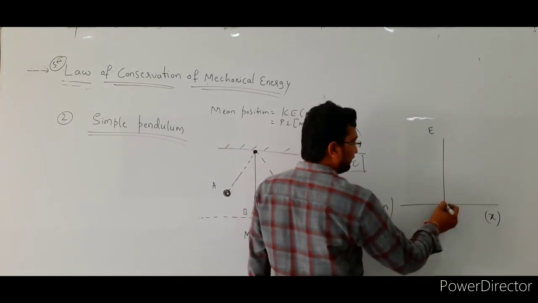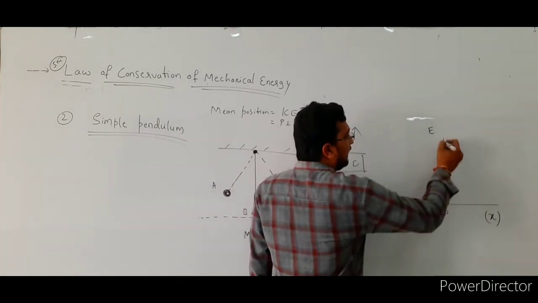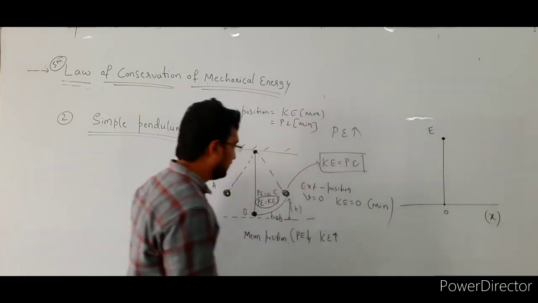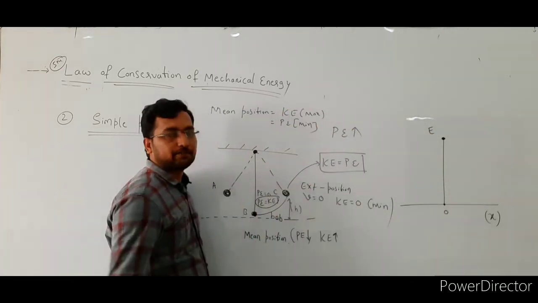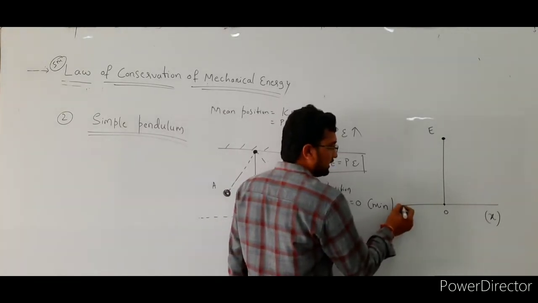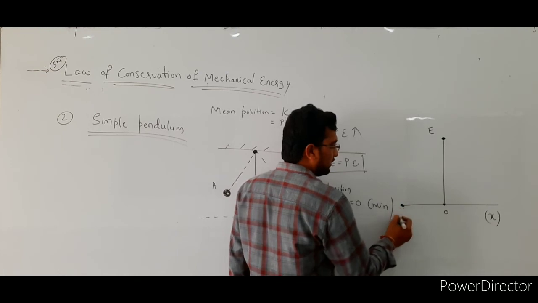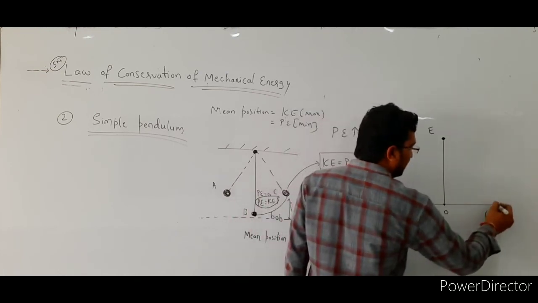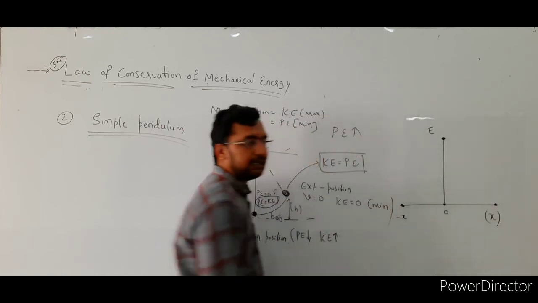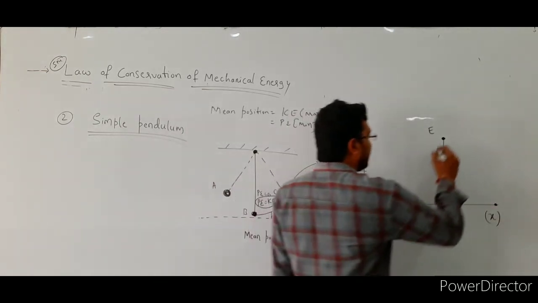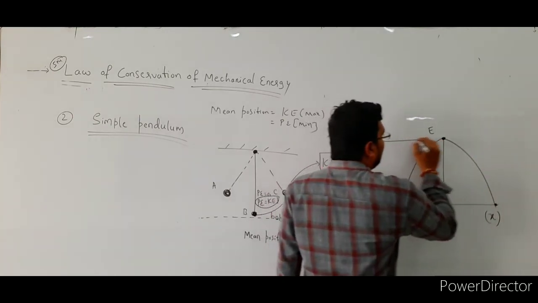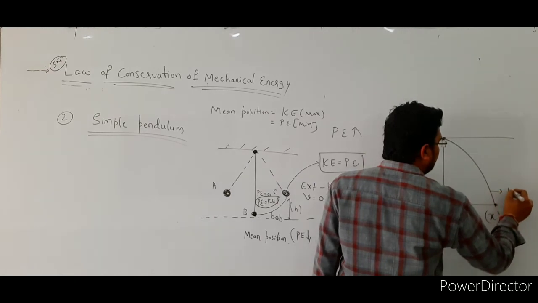Then at extreme position, the kinetic energy is minimum, that is 0. So these are the extreme positions. Let us assume that this is minus x and this is plus x. At extreme position, kinetic energy is 0. So join this line. This is about the kinetic energy.